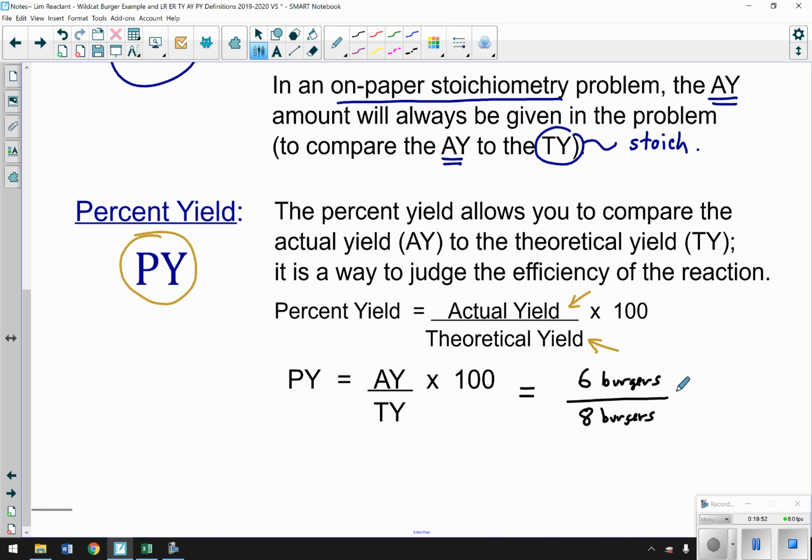But that was still our theoretical yield with our fewer ingredients. And then we would multiply that by 100, and we would get 75.0%. And again, usually with percents, we go to one place behind the decimal when we're reporting those, and percent yield will not be any different.